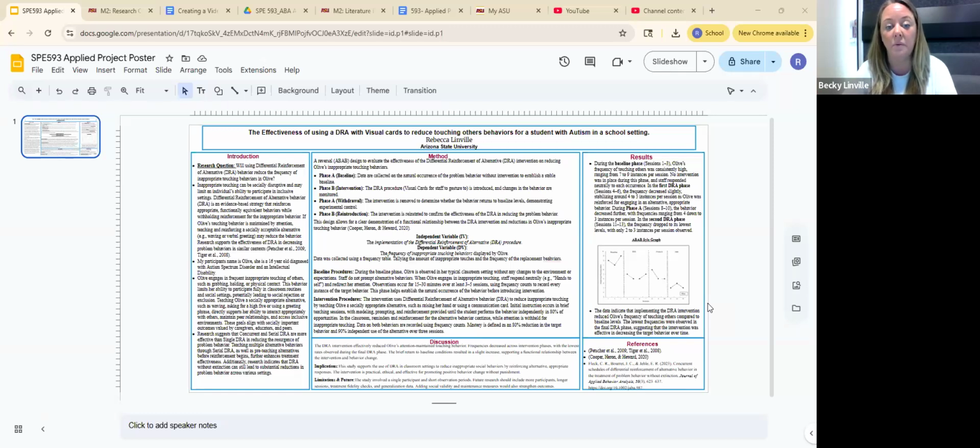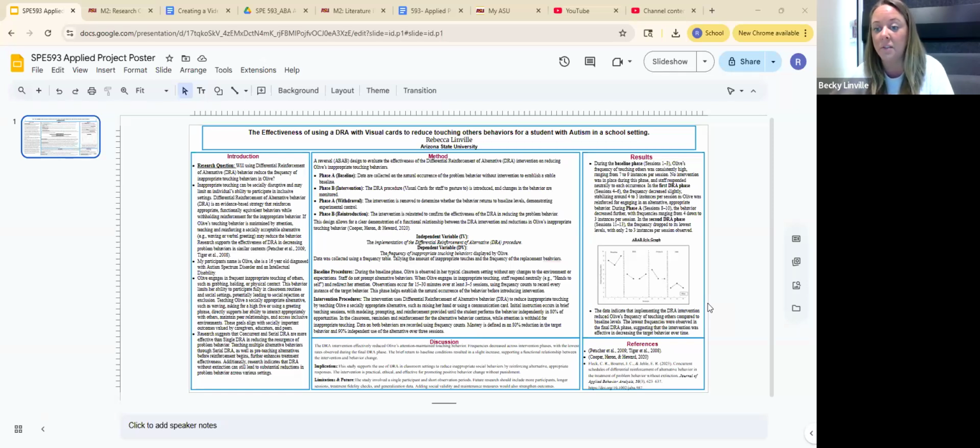And then we would go back to phase A. We would withdraw the cards and see how she did without the cards there to remind her to ask for attention instead of touching someone if she needed something. And then I went back to phase B, so I introduced the cards again.